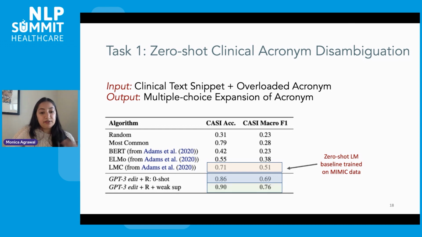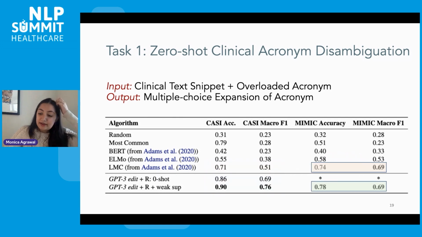However, if we then use the weak supervision and distillation approach that I showed you two slides ago, we can do even better, finding a 10% or so boost on F1, which describes disambiguation power. Further, we can now transfer to MIMIC, which we would not at the time have been able to send to GPT, and we find that we can do about just as well or better than the zero-shot baseline that was trained on MIMIC itself.